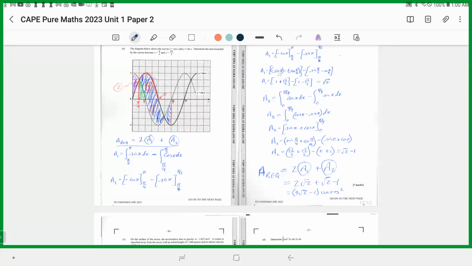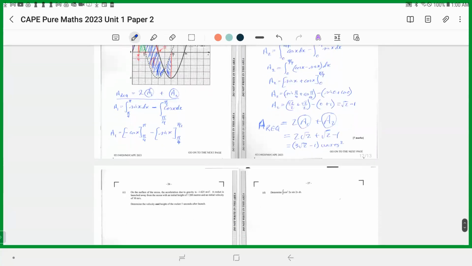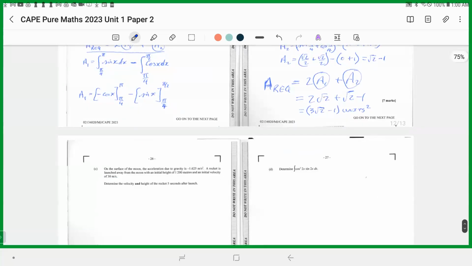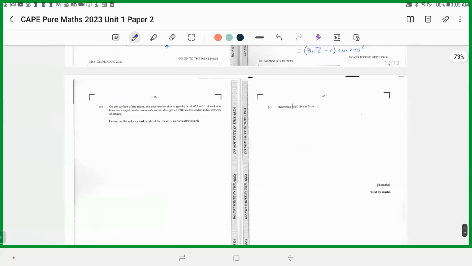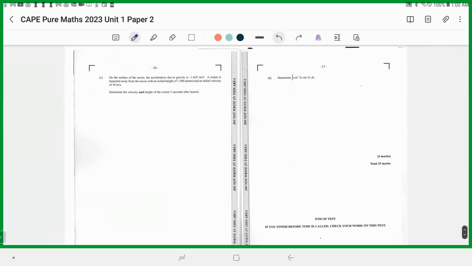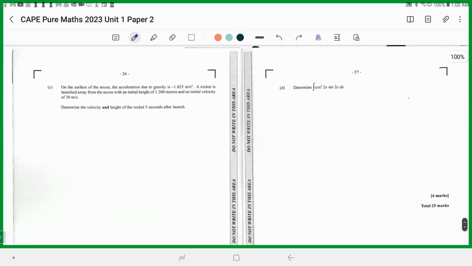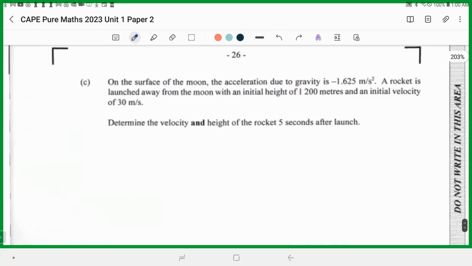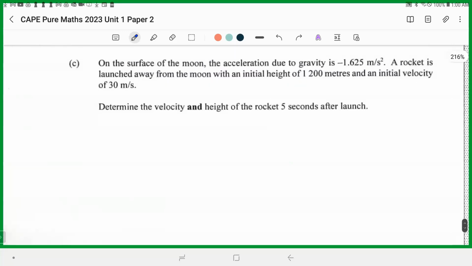Alright, so I hope I explained it well. Next question. We're in the last part, the end of the test, with two quick sections left. It says on the surface of the moon, acceleration due to gravity is this.